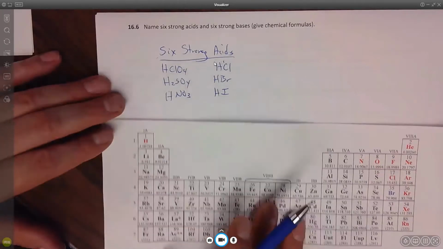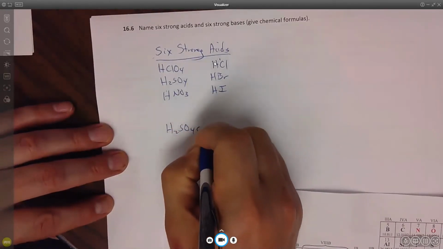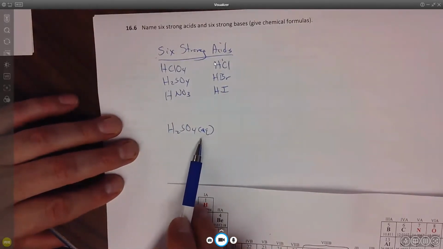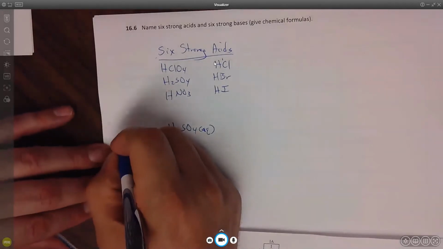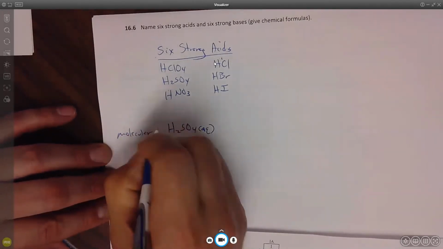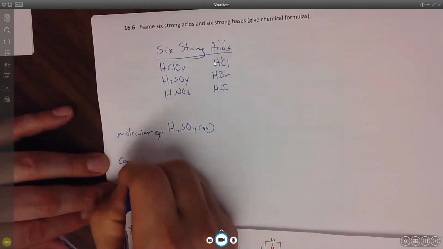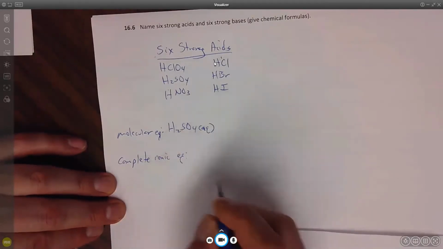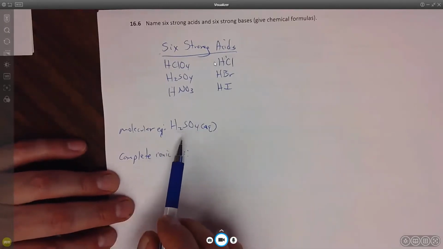Okay, so if I were to write sulfuric acid, this is what it would look like in the molecular equation. How do I know if an acid's aqueous or not? Well, all acids are aqueous. Exactly. All acids are aqueous. So when we go from a molecular equation to the complete ionic equation, we only dissociate strong electrolytes.